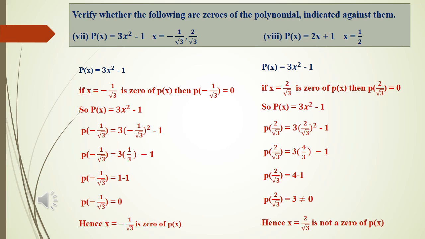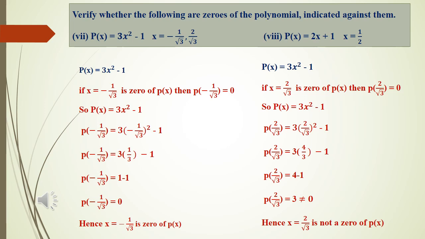If x is equal to minus 1 upon root 3 is a zero of p of x, then p of minus 1 upon root 3 becomes 0. So now we will substitute the value of x in the given polynomial 3x square minus 1. As we substitute this value, we will have 3 in bracket minus 1 upon under root 3 square minus 1.